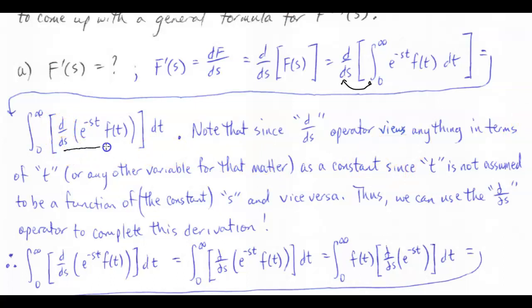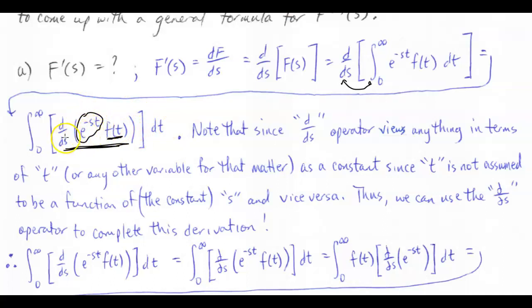And so now once we look here, one of the things that we notice is that since this derivative is going to be a derivative with respect to s, this function here only has function of t. And so assuming that f doesn't have any constants in it that look just like s, and we can assume that, then the only thing that we're going to be able to take the derivative of here is this.